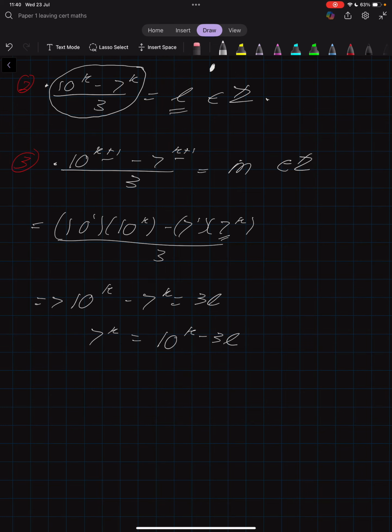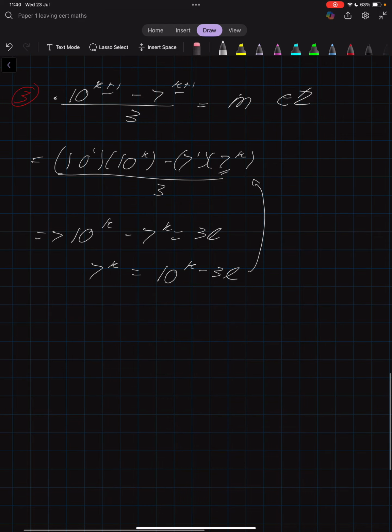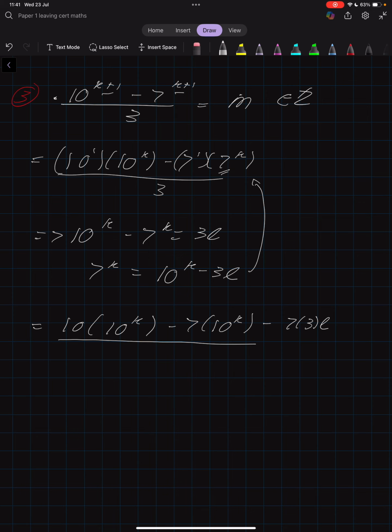Fine. Now I can plug this back up in here and say, this is going to be 10 times 10 to the power of k minus 7 times 10 to the power of k minus 7 times 3 times L, all divided by 3.